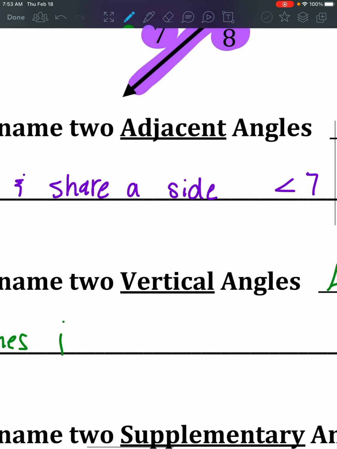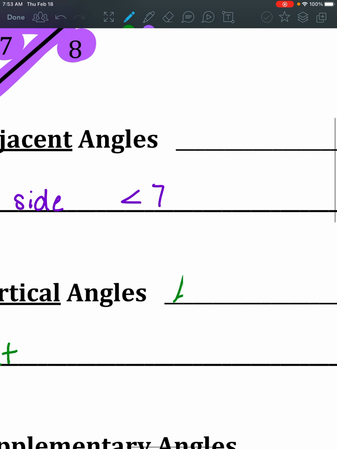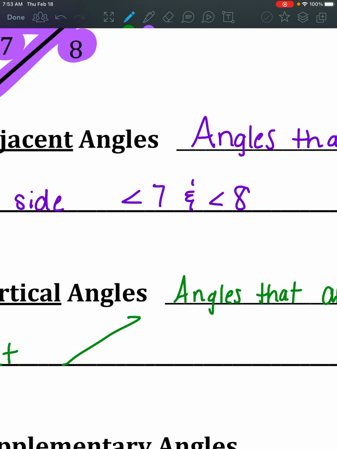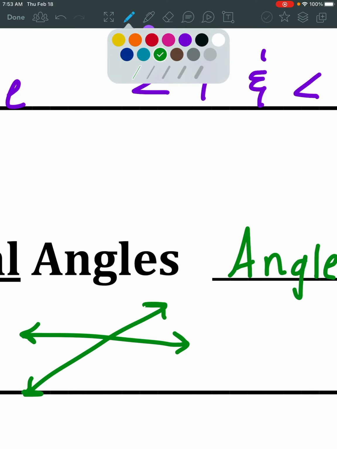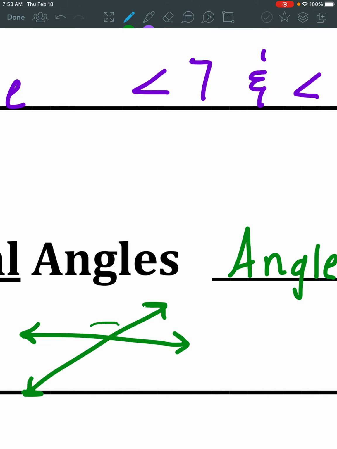So for example, take 2 lines and draw them, intersect them. So here's one line, here's a second. And what happens is you create 4 angles with 2 intersecting lines. So the angle, let's say this one, is congruent to the one directly across from it, opposite.